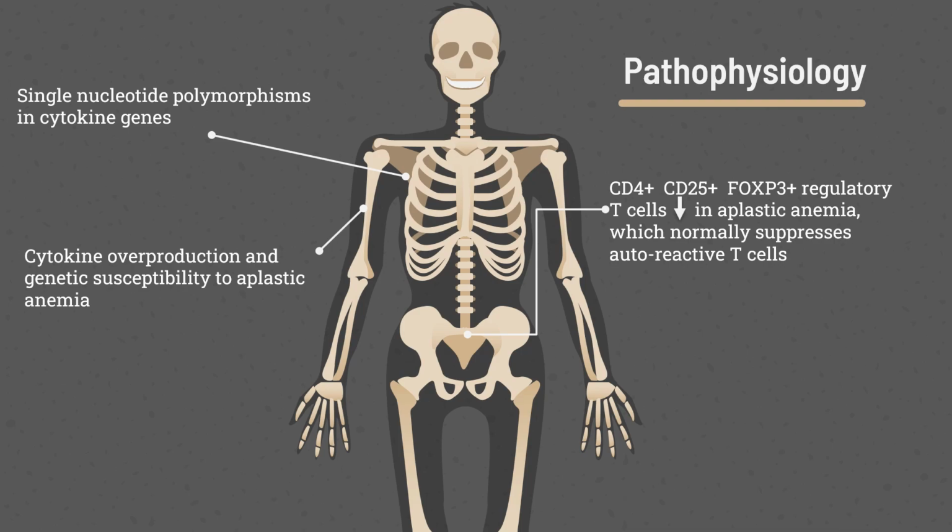Correct differentiation between acquired and inherited aplastic anemia has important implications for appropriate treatment and prognosis. Immunosuppressive therapy is not nearly as effective in inherited aplastic anemia as it is in acquired aplastic anemia.